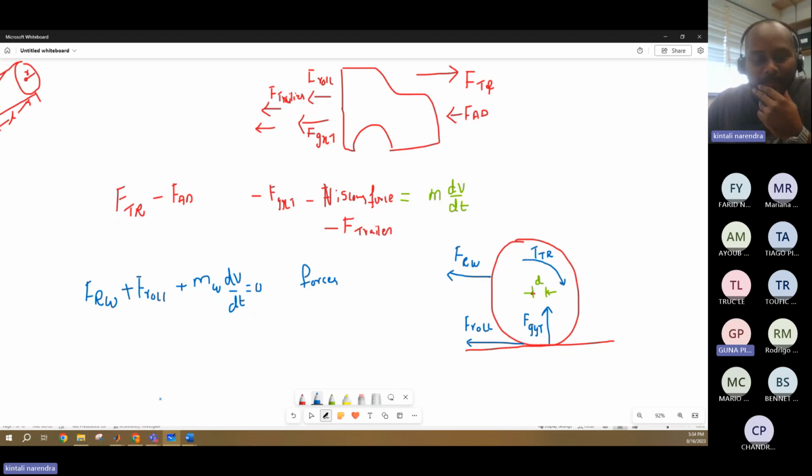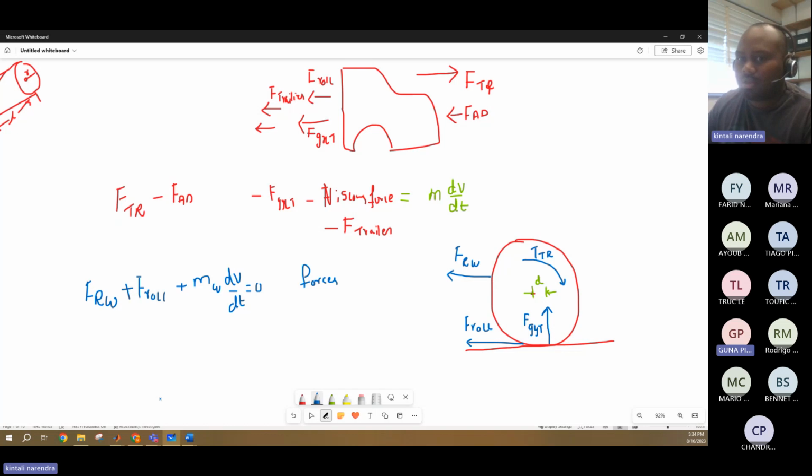Why is it negative? You have the mass of the wheel times the acceleration of the wheel, right? In the other equation you had it as a positive term on the right side of the equation. Here you are having it on the left side of the equation.